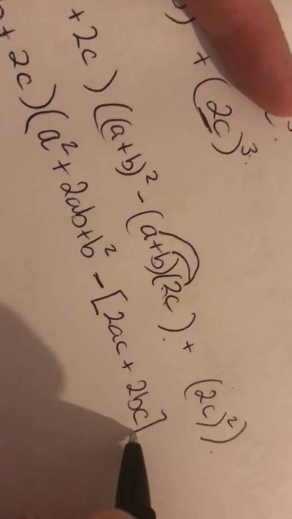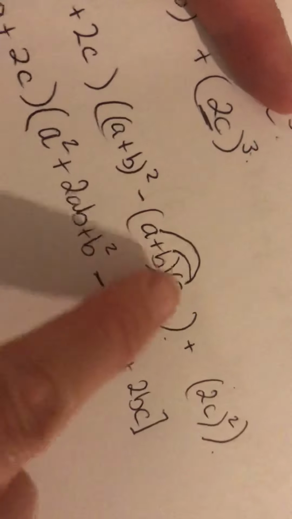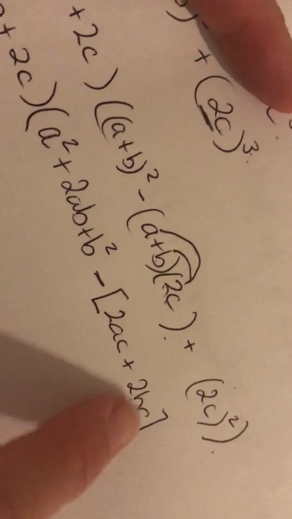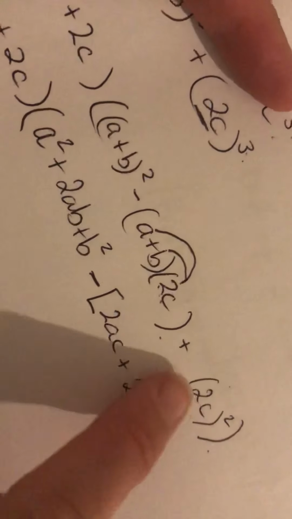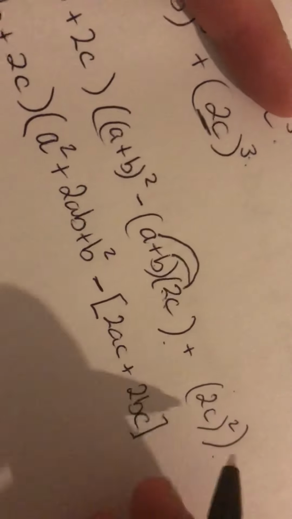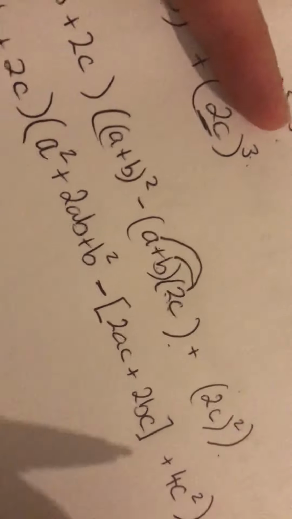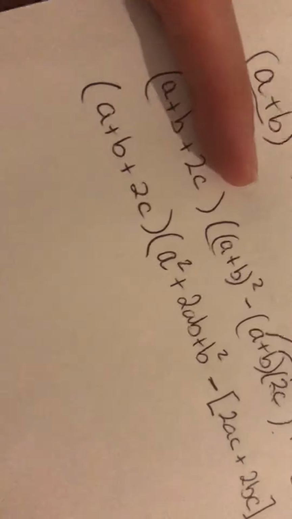So there we go, that minus, I'm subtracting all of that. That's why I'm finishing my little bracket here. And then plus (2c) squared is 2c by 2c, which is 4c squared. I still think this can be cleaned up, so this first bracket can't.